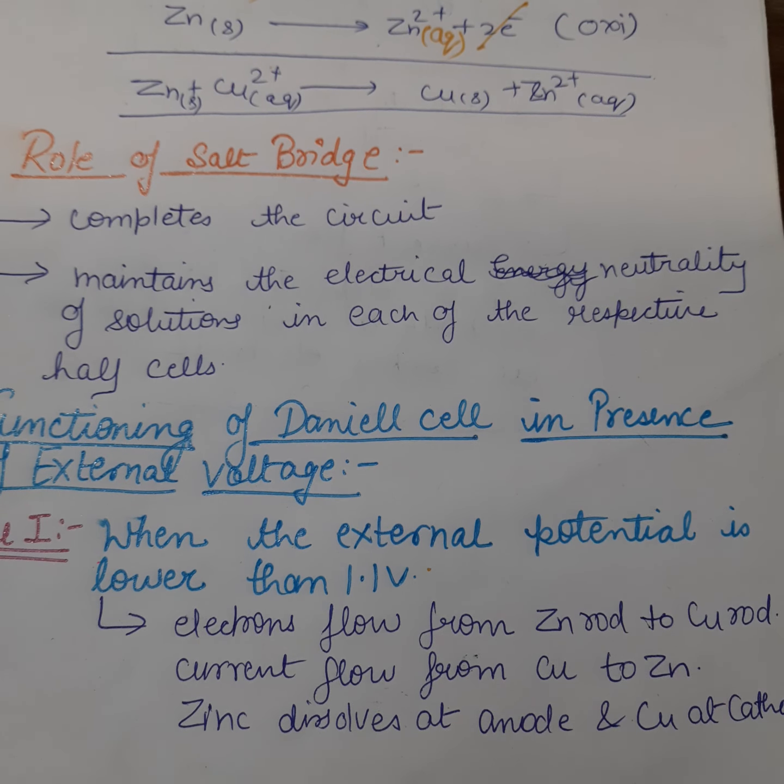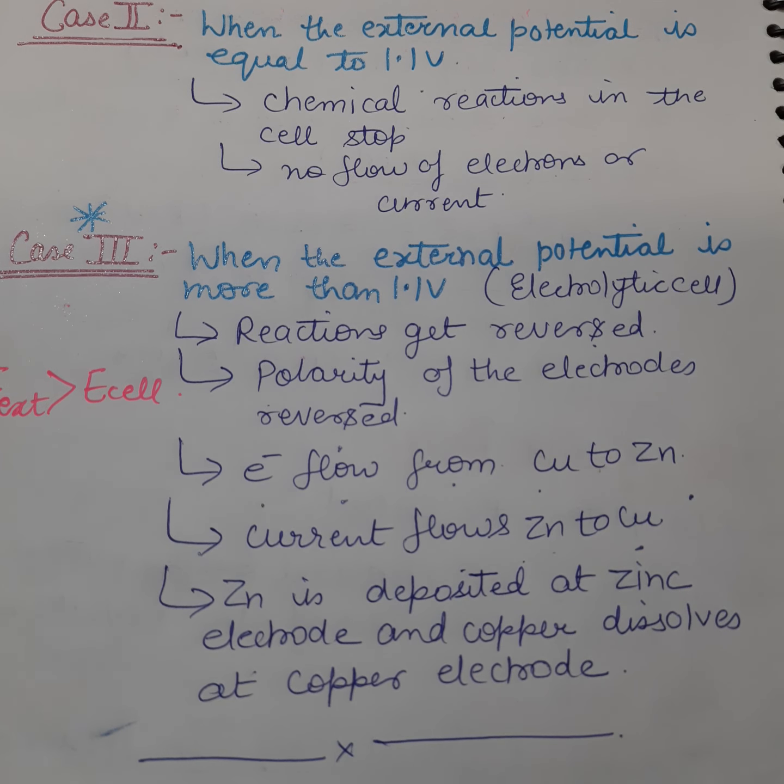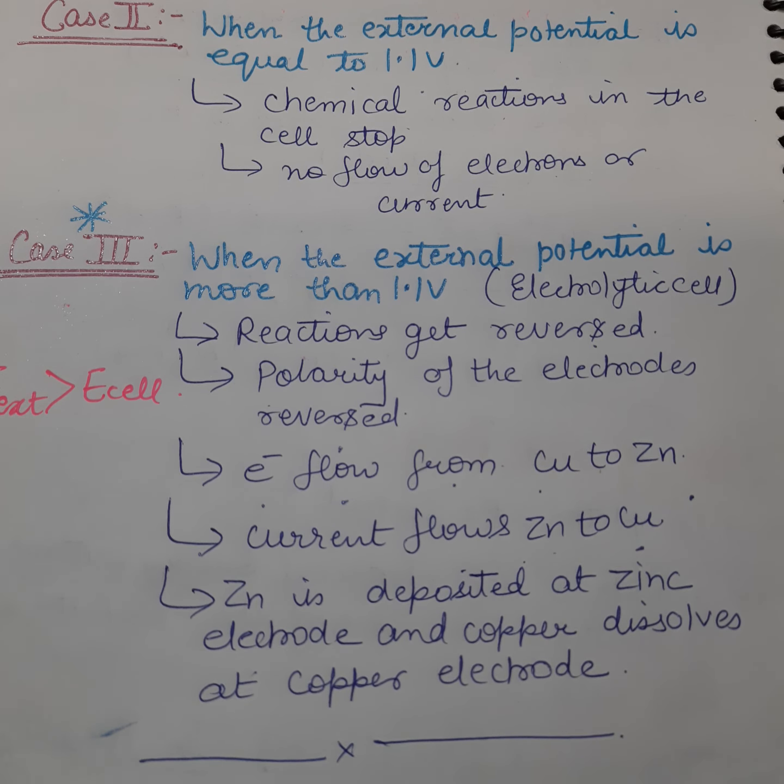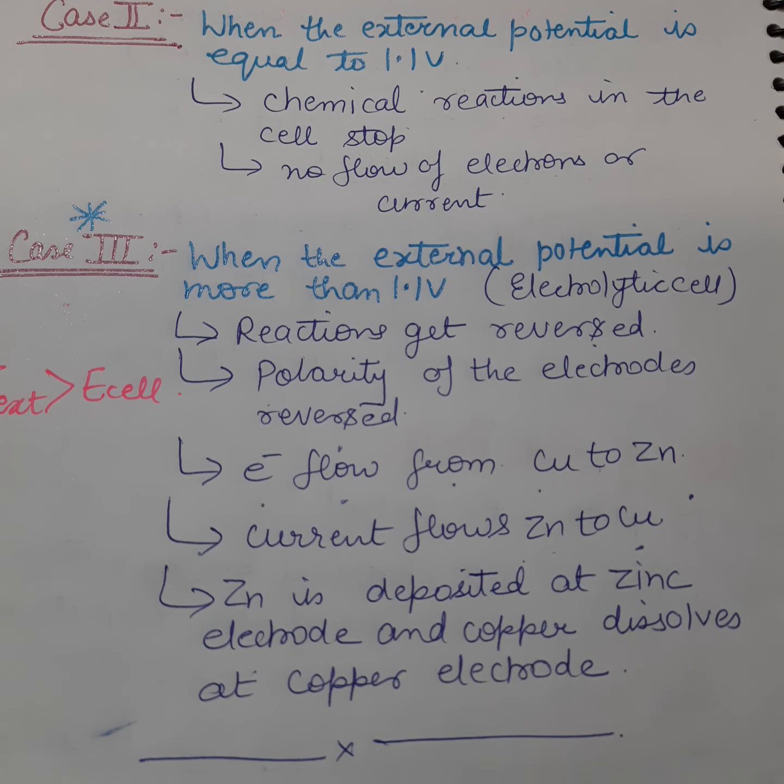In case number 2, if we increase the external potential slowly until it reaches 1.1 volt, at that time no chemical reaction takes place in the cell. If no chemical reaction takes place, there is no flow of current.